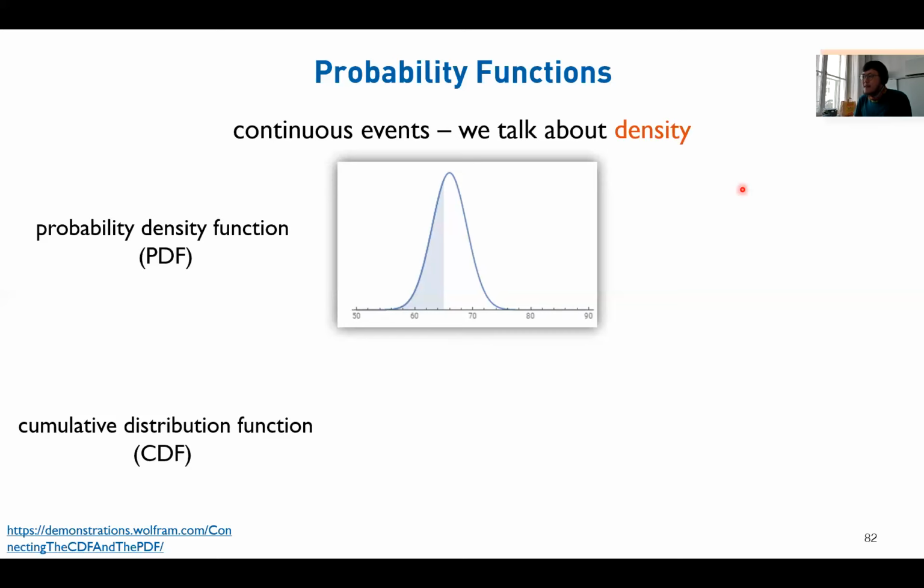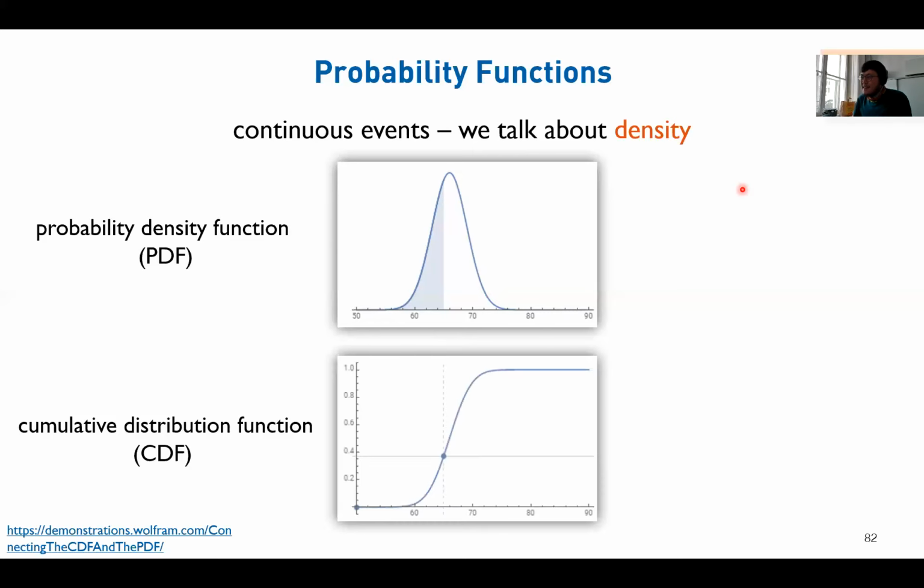Okay, good. And so what is the link between the PDF and the CDF? So if you draw a line again, but not this way. Let's say this x-axis here is exactly the same as here. The numbers on the two x-axes are the same.